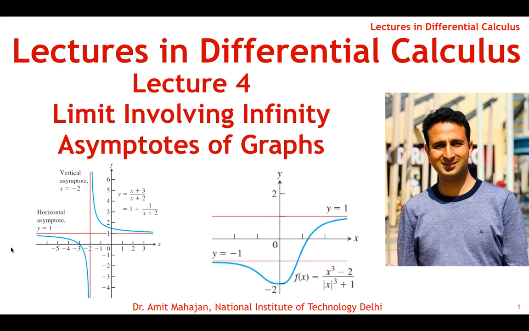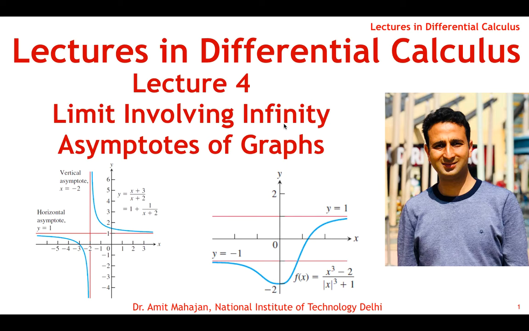Today we are going to talk about limit involving infinity and asymptotes of graphs. When we say limit involving infinity, we can talk about two particular cases here. The first is when the limit value is finite, but the domain x values become large in magnitude.